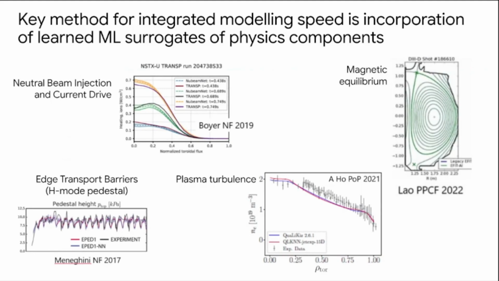Just a note on learned surrogates. By this, I mean the spectrum of models that you need in this multi-physics integrated modeling, ranging from equilibrium, heating, current drive, radiation, MHD, turbulence, and neoclassical transport. There have been many such surrogate models already developed, and many more beyond these examples shown here.